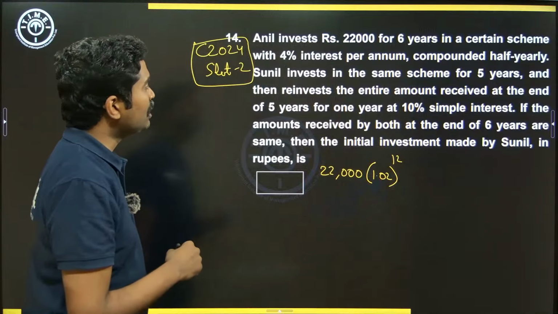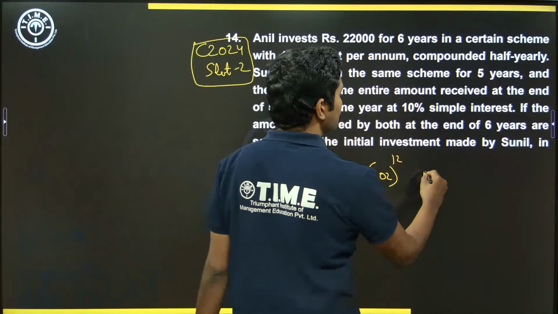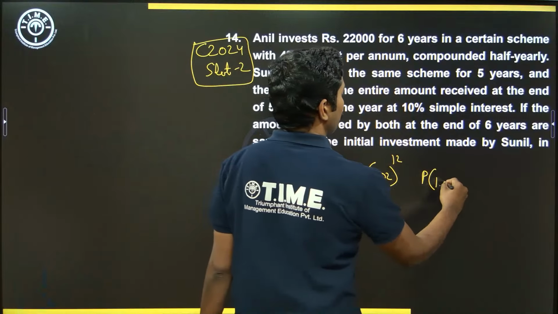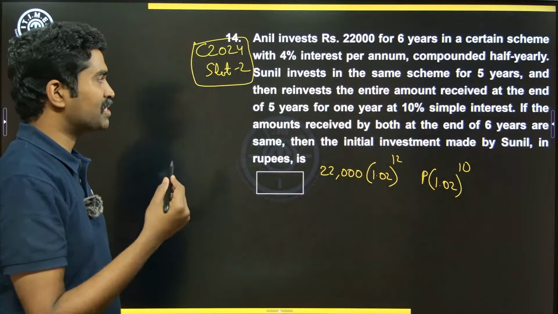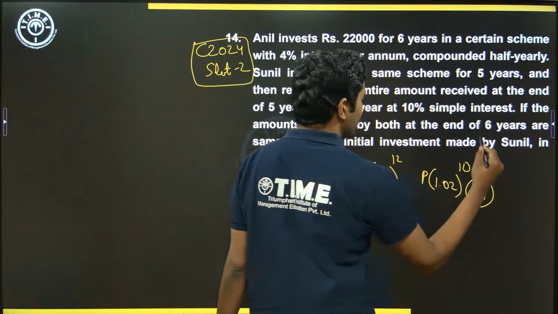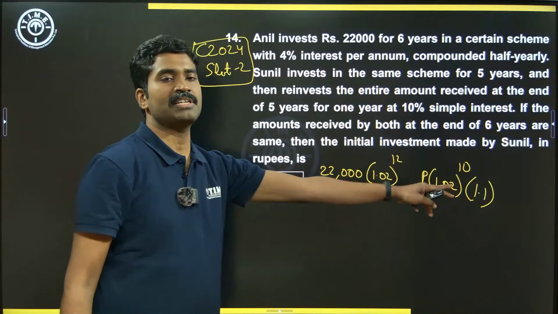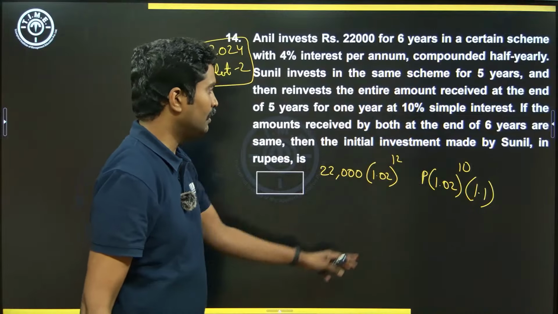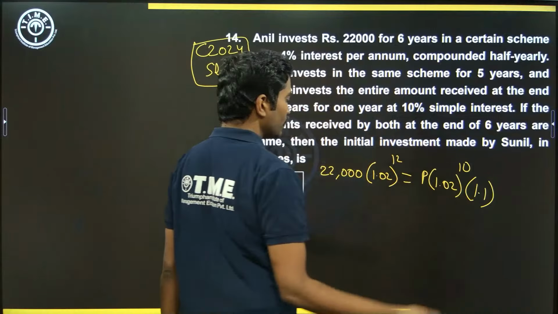And then Sunil invests in the same scheme for 5 years. I don't know how much he invested. For 5 years, 1.02 whole power 10. At the end of 5 years, he invested it at 10% simple interest, so he'll get another 10% interest on it, right? Now that amount is equal to this amount, right?